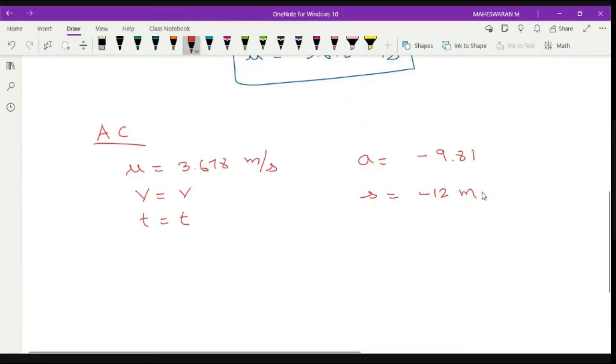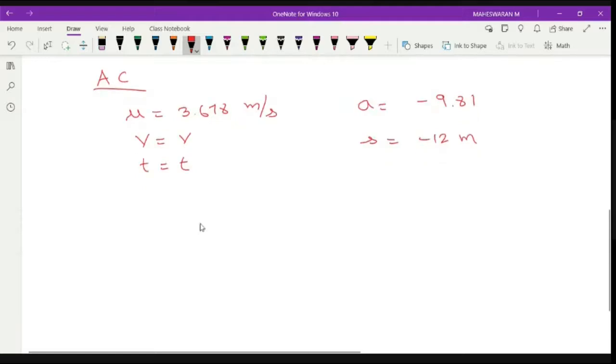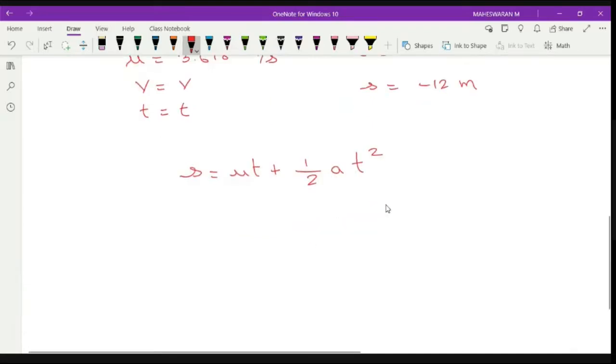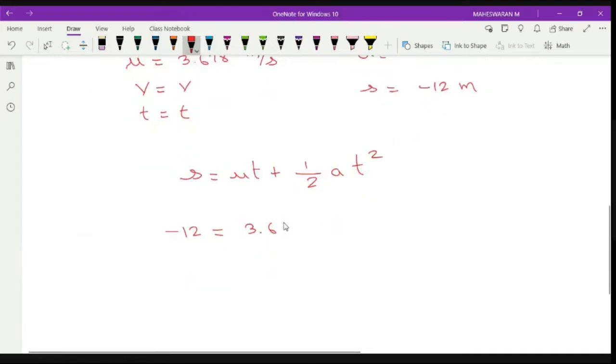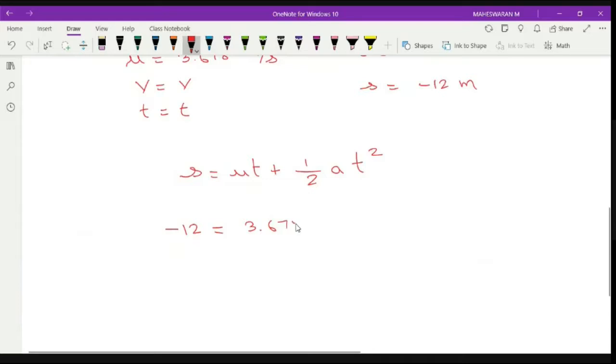Now we will use the same equation, S is equal to ut plus half at square. This will identify the time now. So minus 12 is equal to 3.678 t minus 4.905 t square.